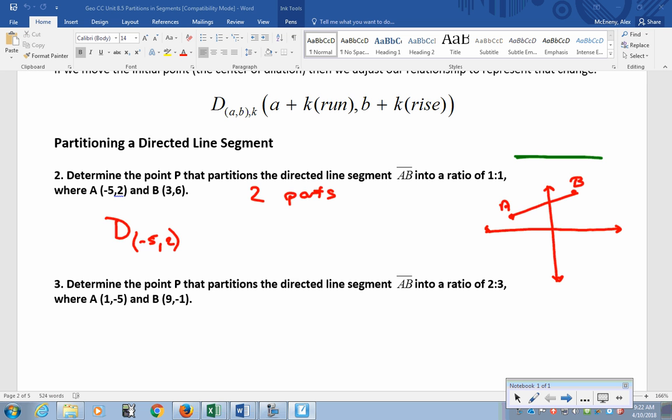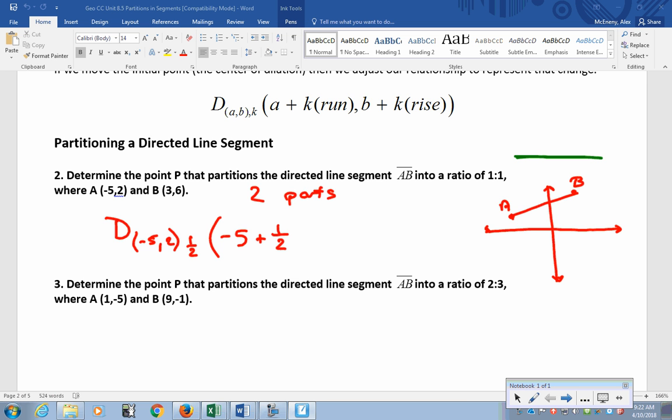And our scale factor in this case, because there's 2 parts and we want 1 part in, is going to be half. So we're going to use A, which is -5, and we're going to do half of the run.